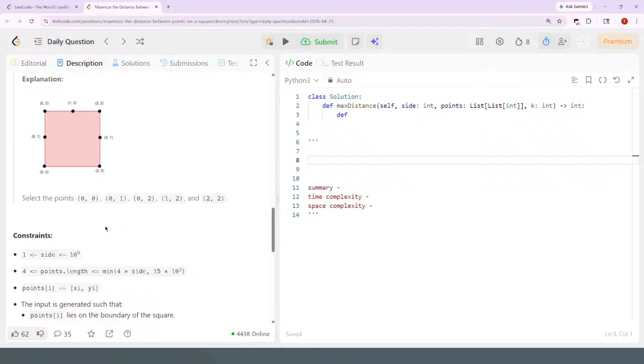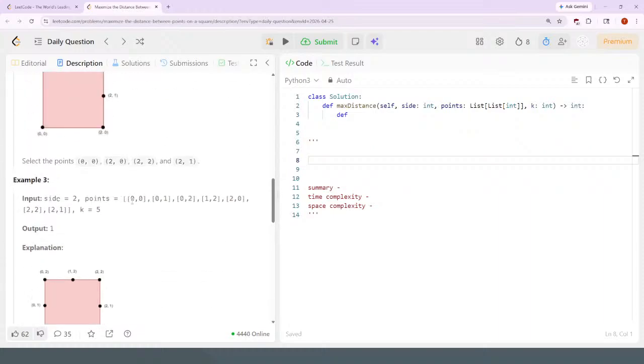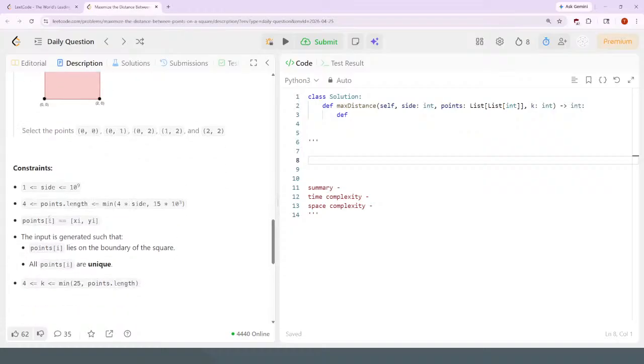I have to pick through case 25 at most. Points.length equals min of 4 times the number of sides.